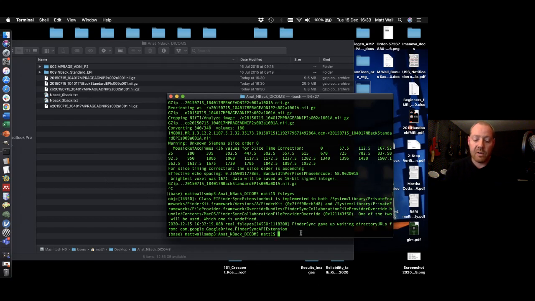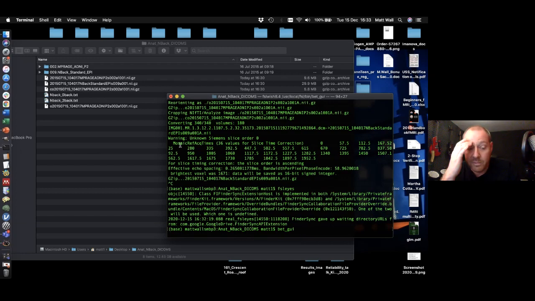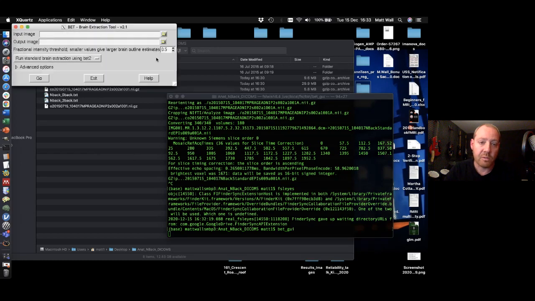The next thing I'm going to do is something I didn't actually mention because it's more related to the anatomical images, but it's something we have to do. I am going to do a brain extraction on the anatomical image, and I'm going to do that using a tool called BET, which stands for Brain Extraction Tool, which is also a part of FSL.